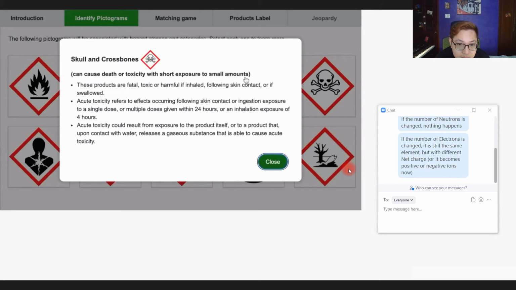Acute toxicity refers to effects occurring following skin contact or ingestion exposure to a single dose or multiple doses given within 24 hours, or an inhalation exposure of 4 hours. That's why I say do not inhale them for too long. Bleach can be dangerous too if you inhale it for too long. It's not only headache.